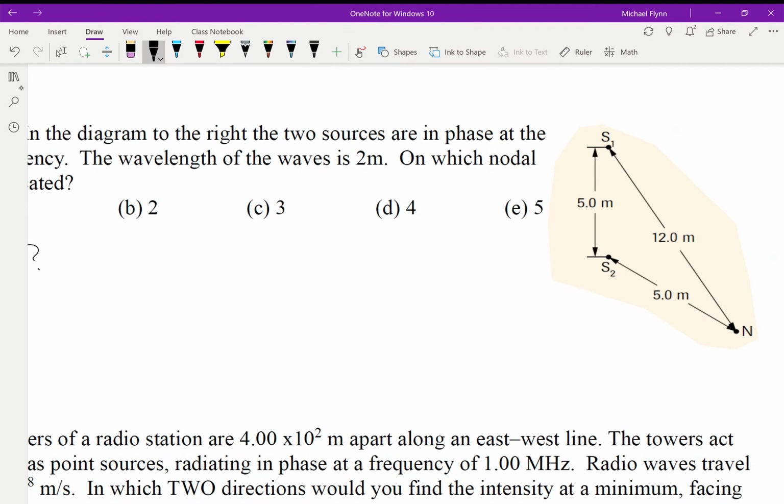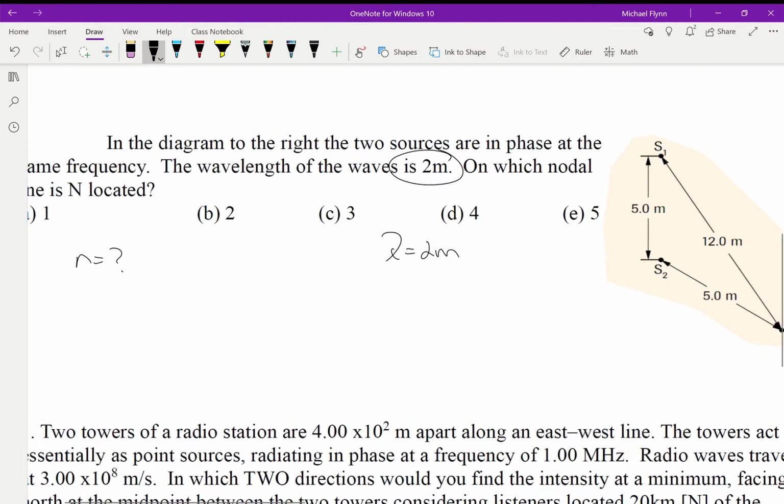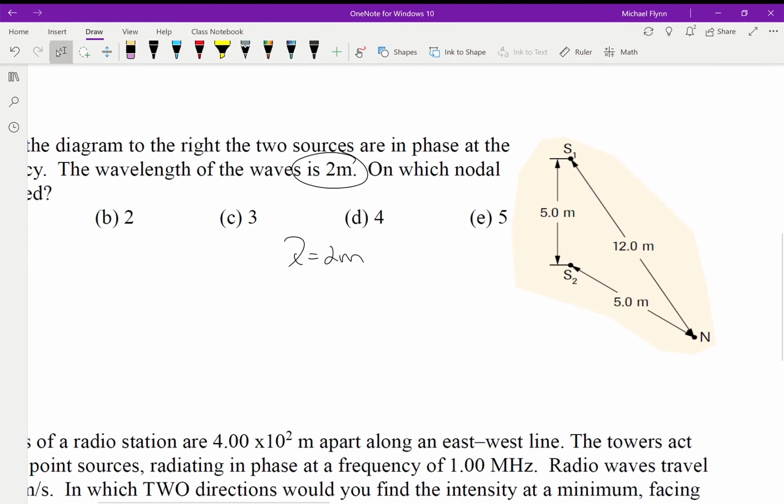Now right away I notice they tell me the wavelength. So I'm going to write this data here. We know the wavelength is 2 meters. And I'm going to write that the path difference has to equal n minus 1/2 times lambda, right? Now the path difference is the difference between nS1 minus nS2, in other words, the difference in the line segments here.